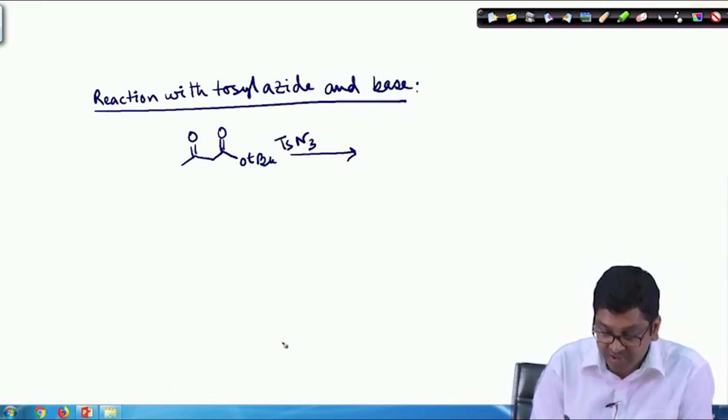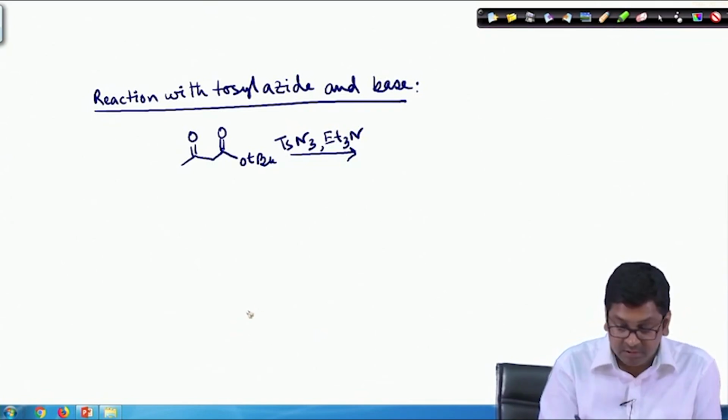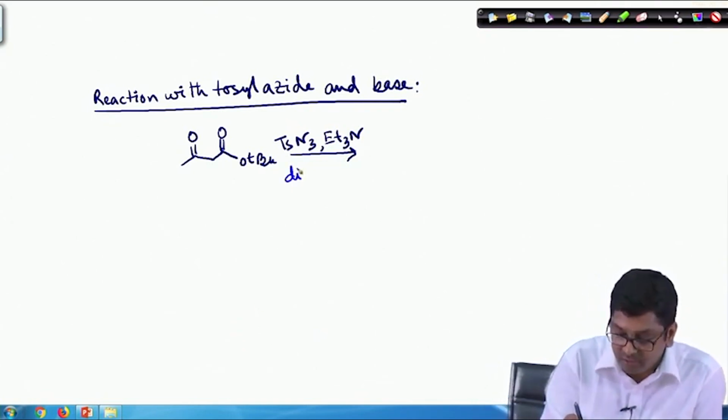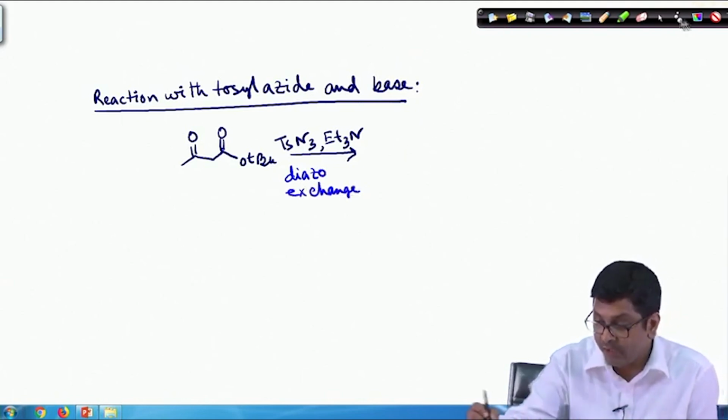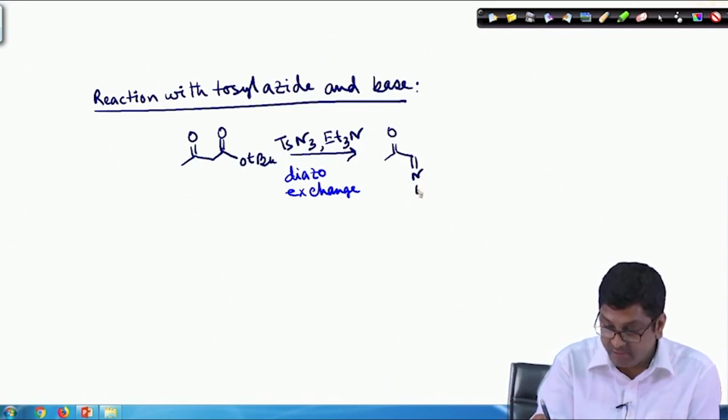Okay. So, the corresponding diazotransfer reagent is tosyl azide here in presence of base like triethylamine. So, the diazo exchange will happen. Okay. So, diazo exchange, and the product is our desired diazocarbonyl compound.